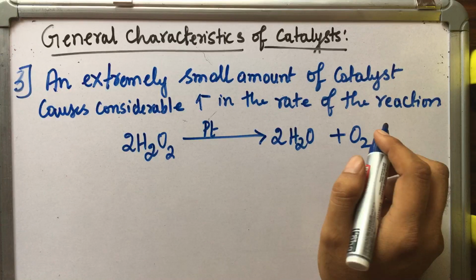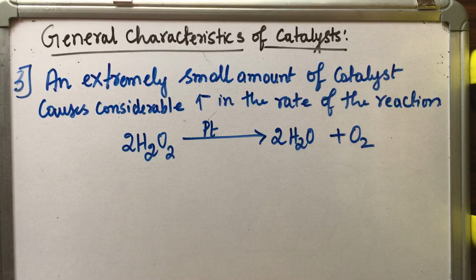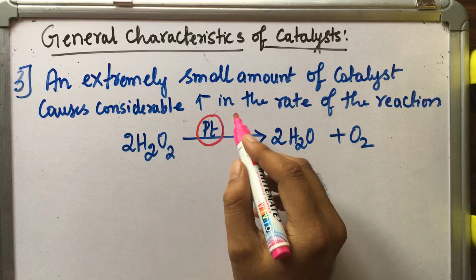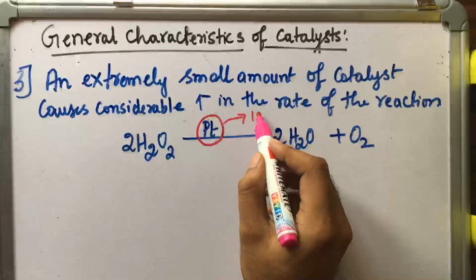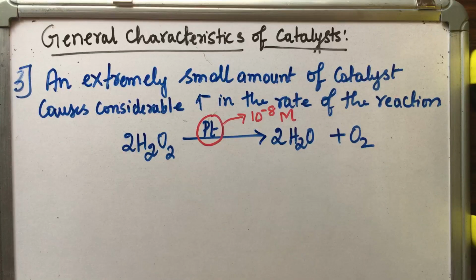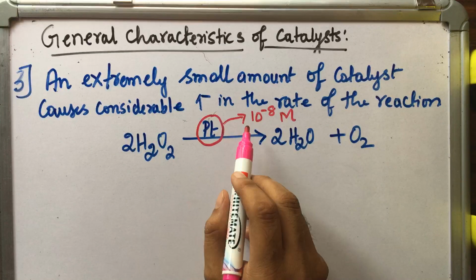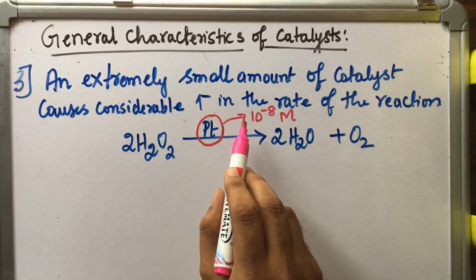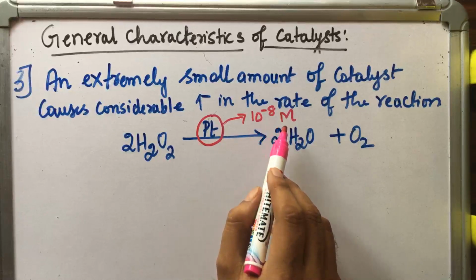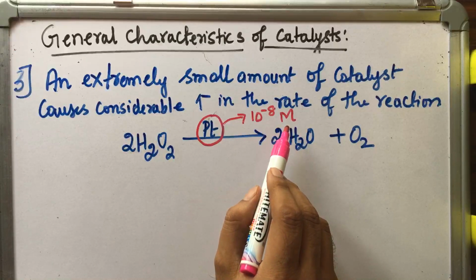You need to remember what concentration of platinum we have to use: a very small concentration, in the order of 10 to the power of minus 8 molar, of colloidal platinum shows a significant increase in the rate of decomposition.